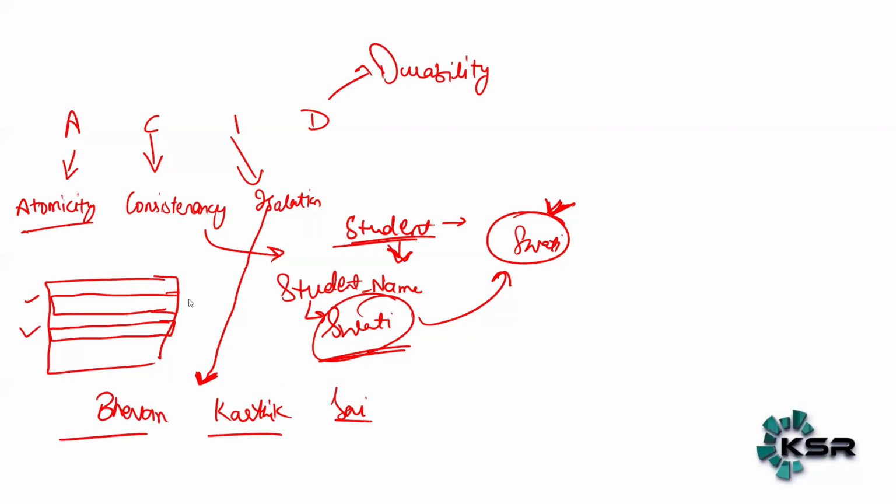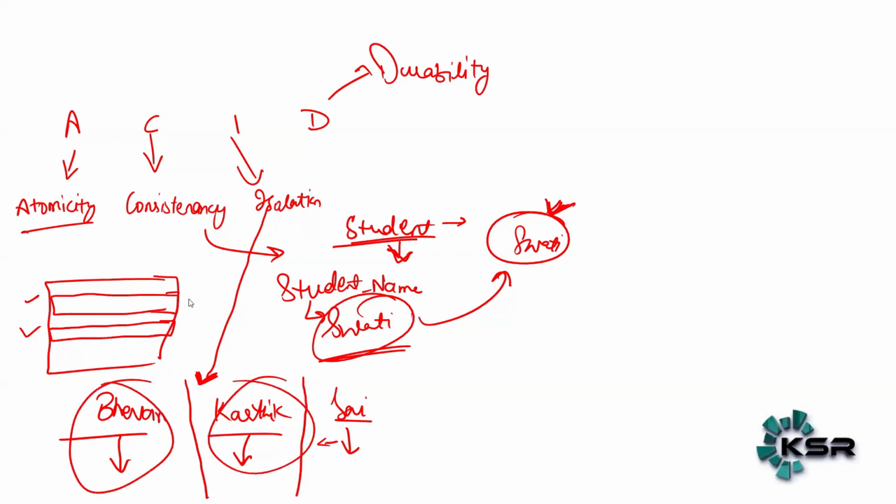The transaction that Bhuvan is doing, the transaction that Karthik is doing, and the transaction that Sai is doing should not impact each other's work. This means these transactions should be isolated from each other. It doesn't matter what Karthik is doing, what Bhuvan is doing, or what Sai is doing. They should be independent of each other. There should not be any internal kind of dependency on each other.